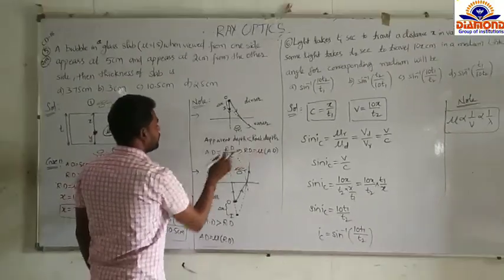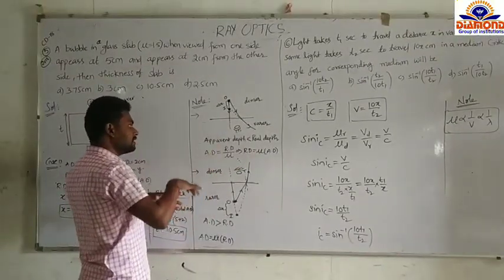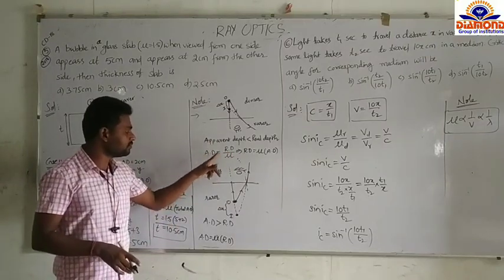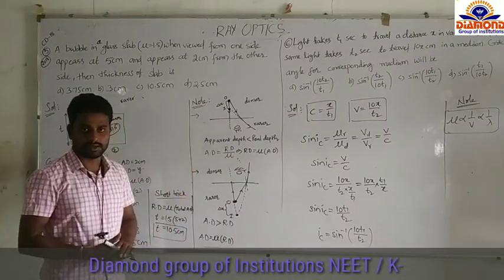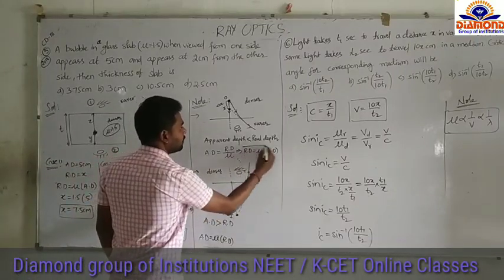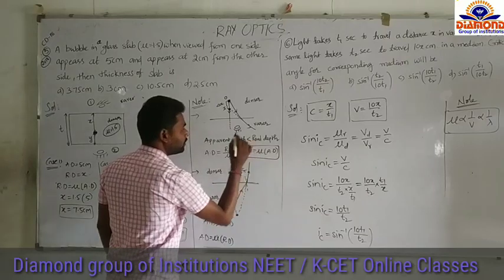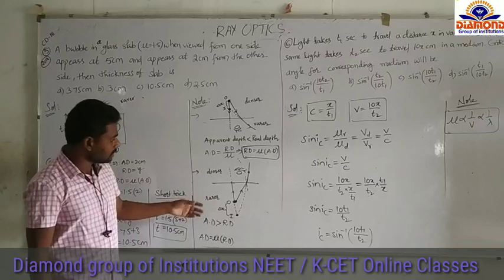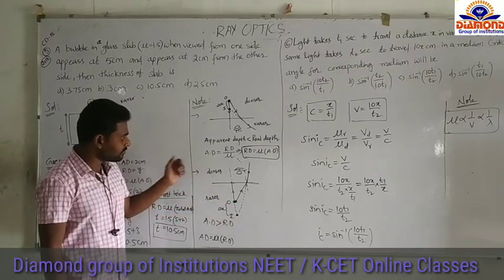So from this we can write, if the apparent depth is less than the real depth, then we have to do the division. So apparent depth equals real depth by the refractive index of the denser medium. So from this we can write real depth equals mu into apparent depth. Next case, the object is in the rarer medium and we are viewing from the denser medium.